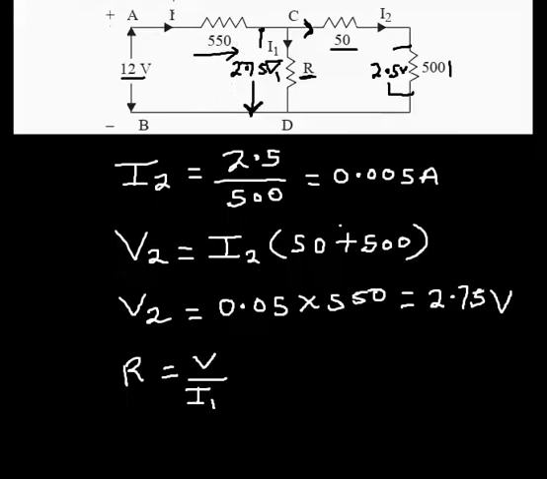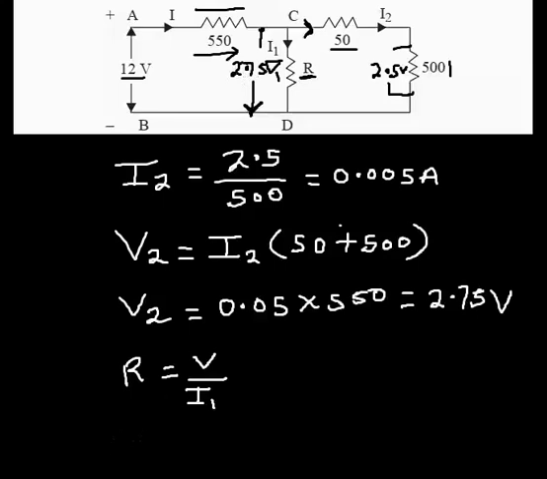The very first thing I need is the voltage across the 550 ohm resistor. The 550 ohm resistor is in series with the entire parallel connection that has this voltage, 2.75 volts. So to get the voltage across this 550 ohm resistor, I'm going to subtract 2.75 from what I have.